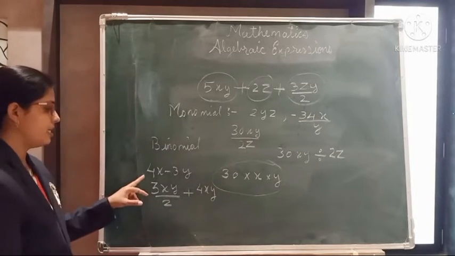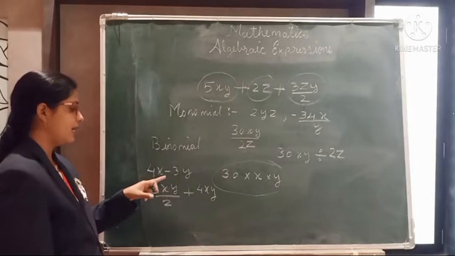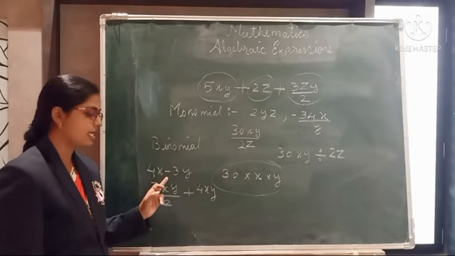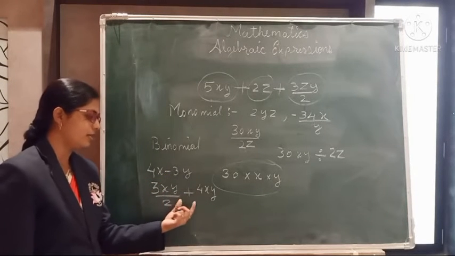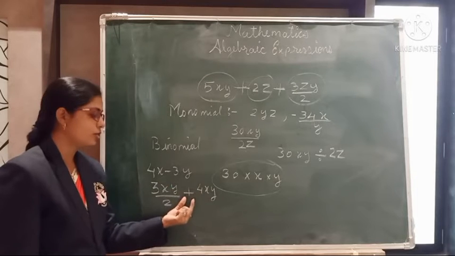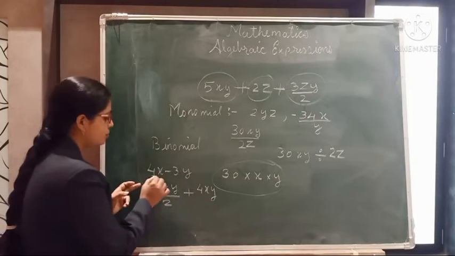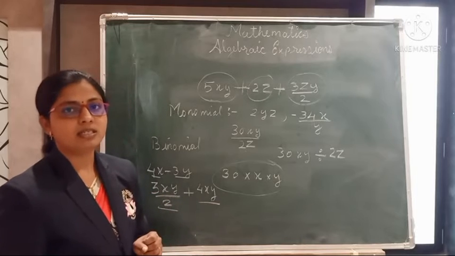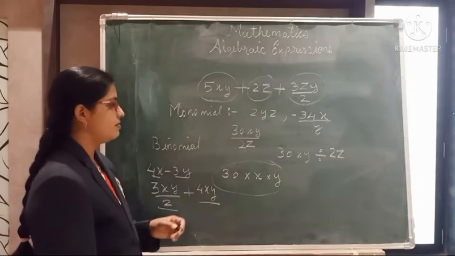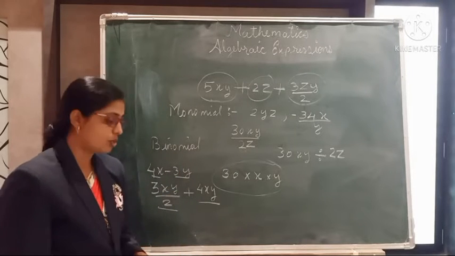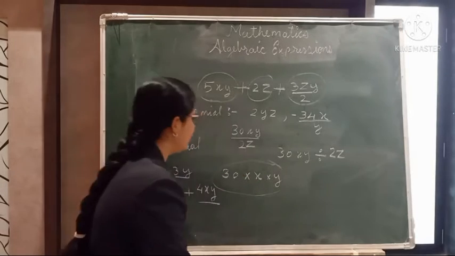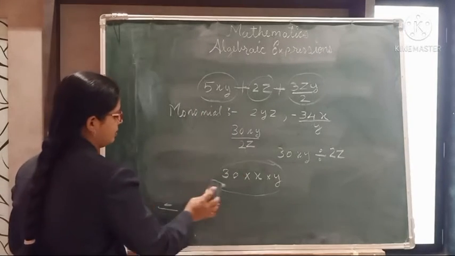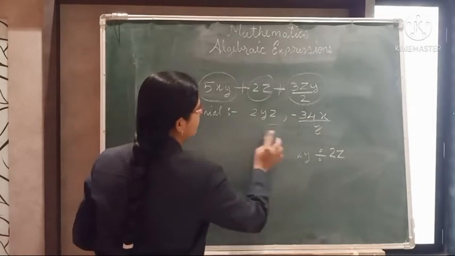You can see here both the terms are separated with the negative sign. Here also they are separated with the positive sign. So this has two terms, that is why it is known as a binomial. Next we will see trinomial. Trinomial means it will definitely consist of three terms.